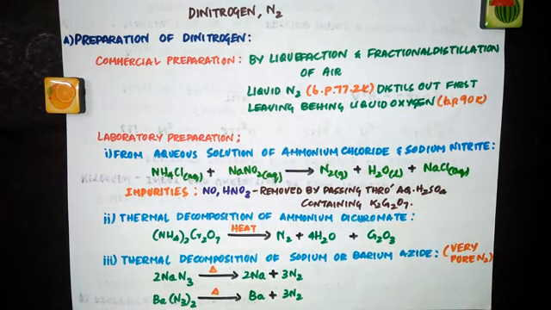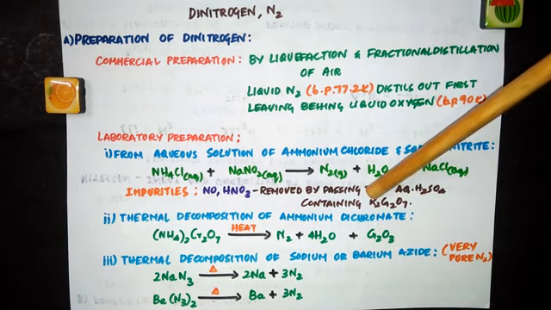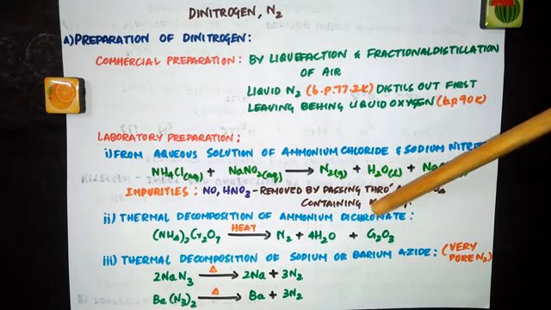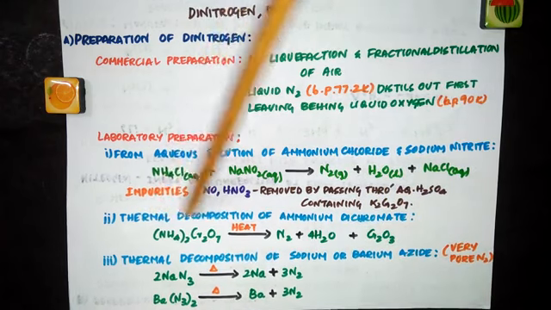The second preparation of nitrogen is by thermal decomposition of ammonium dichromate. K2Cr2O7 is potassium dichromate. So if you want ammonium dichromate, instead of K, you put NH4. So (NH4)2Cr2O7 is ammonium dichromate.